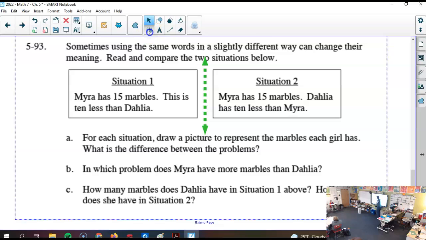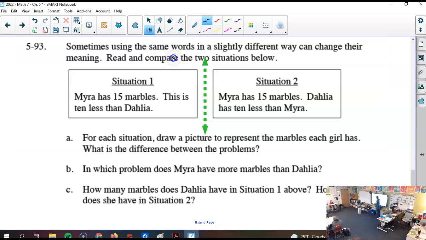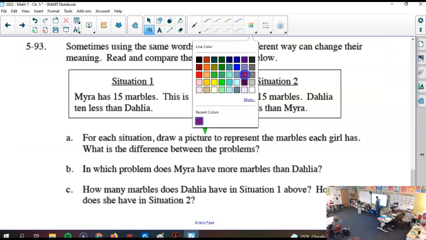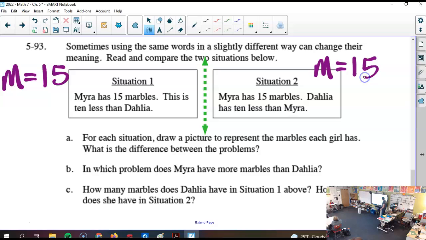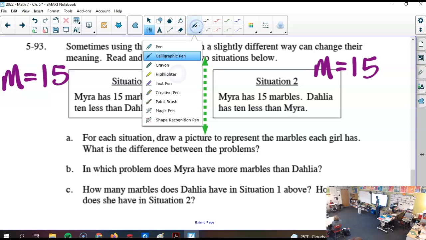The first thing you identified, and I should have asked this first, is what both situations have in common: Myra has 15 marbles, and Myra has 15 marbles. Go ahead and keep going. On the first one, 15 is 10 less.